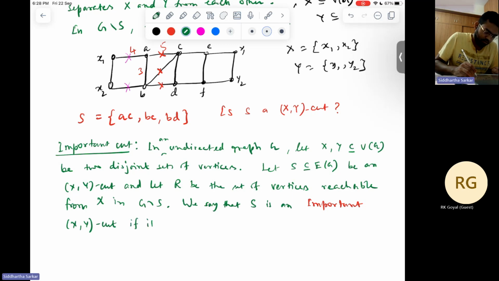It is inclusion-wise minimal, that's the first thing. I'll just write it first and we'll discuss what it means.